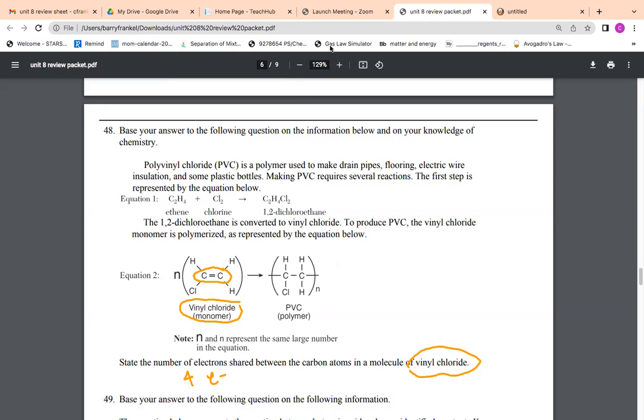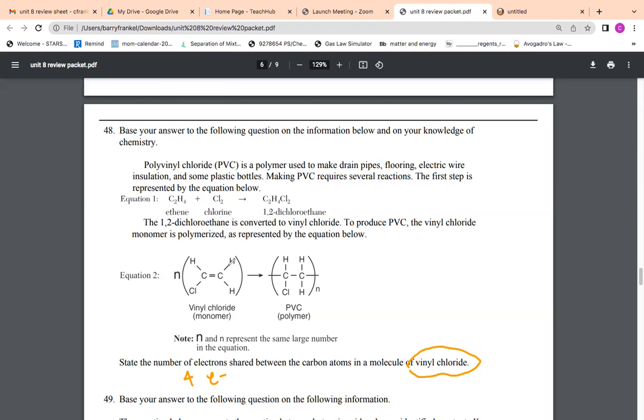By the way, this is a nice example of a polymerization reaction. Okay, this is a good example of a polymerization reaction, specifically addition. Addition polymerization is what we use to make synthetic polymers. PVC, we should know, it is a type of plastic. You can make lots of things out of it. Usually you'll see it being made for PVC pipes, okay?